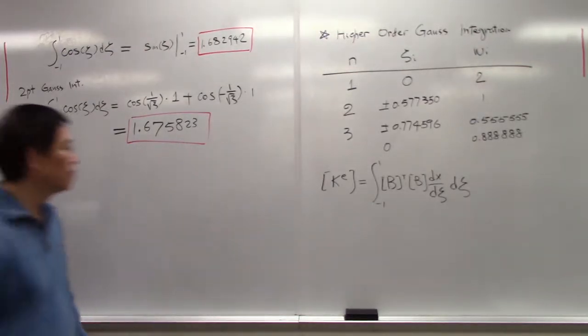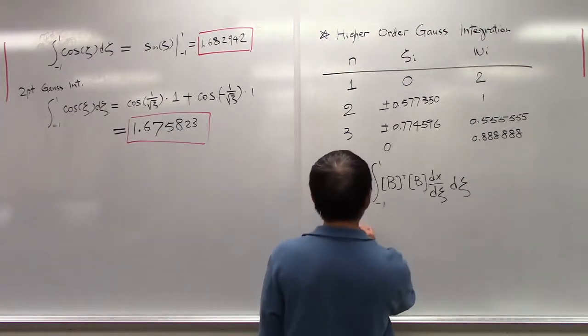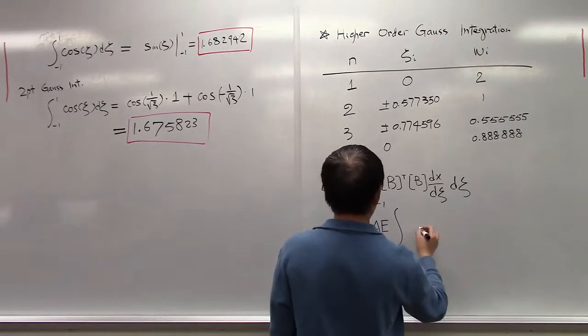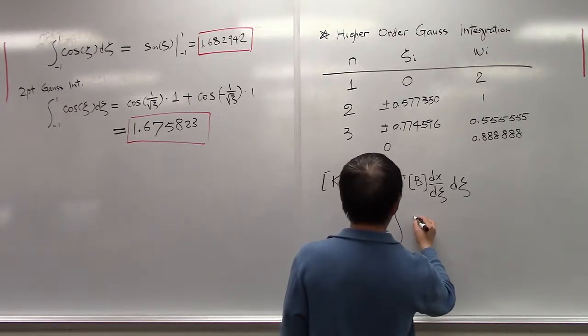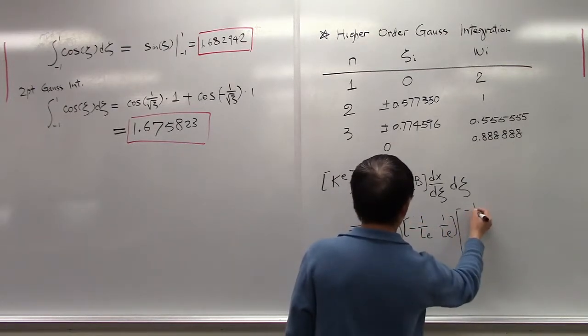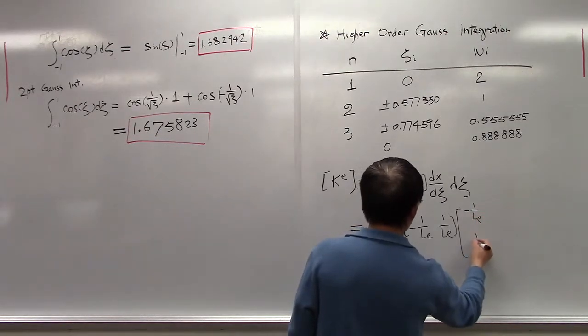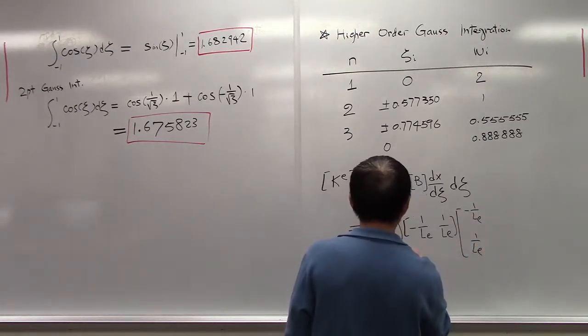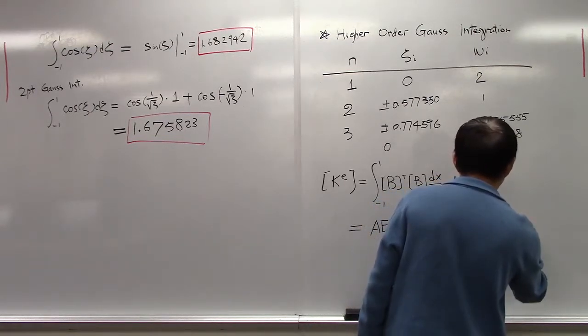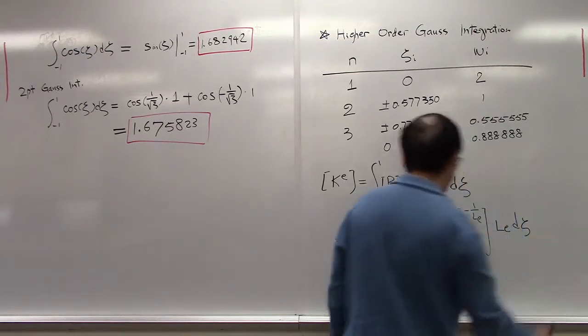It turns out, because this is -1 over LE, this is 1 over LE, -1 over LE, 1 over LE, this is from -1 to 1. Here we have LE, and then d theta.